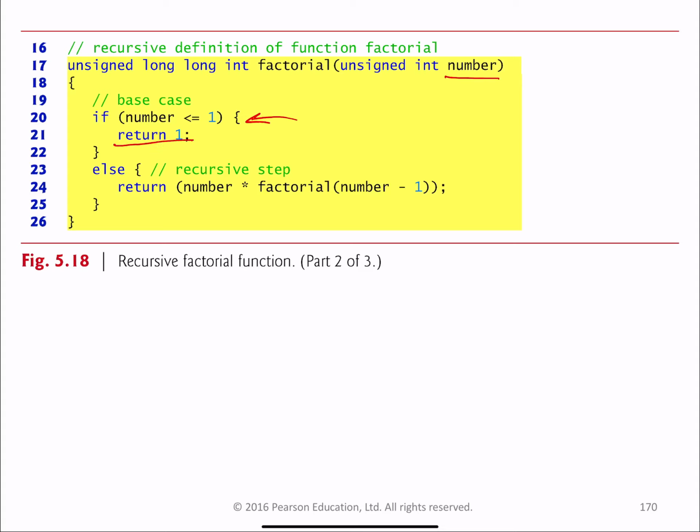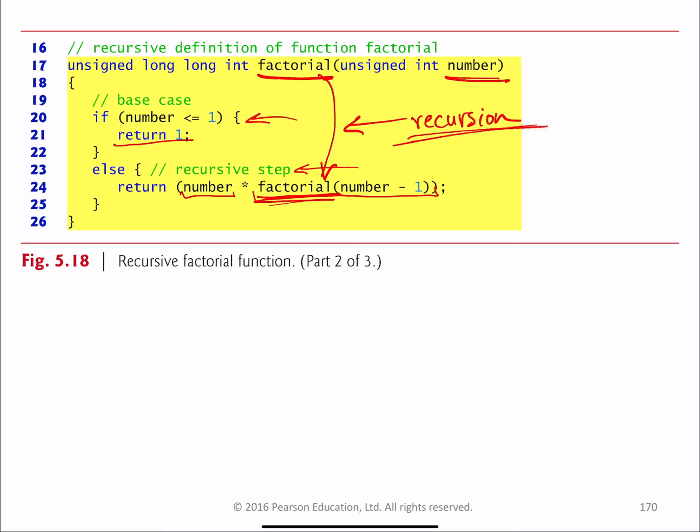This is the base case. If the argument is something larger than 1, in that case, it returns the value of whatever the argument number is, multiplied by the result, the return value, from a call to the factorial function. So we're calling factorial inside the factorial function. This is recursion. If you see any code in which a function is calling itself inside, it means you have recursion happening.